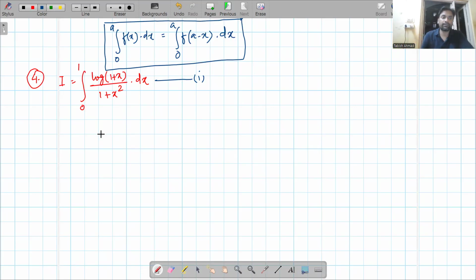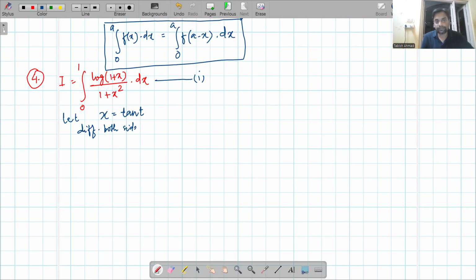So whenever you have such a thing, you consider that let x be equal to something. Let x is equal to tan t. Now, we will differentiate both the sides.